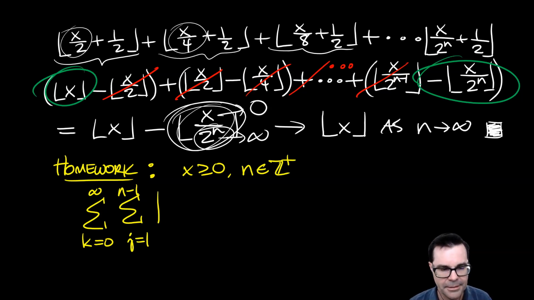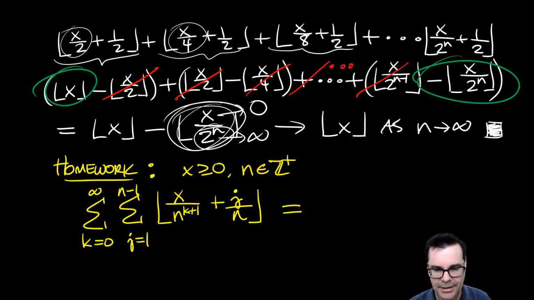And we're going to be adding up here the floor of x over n to the k plus 1 plus j over n. And this is supposed to add up to floor of x.